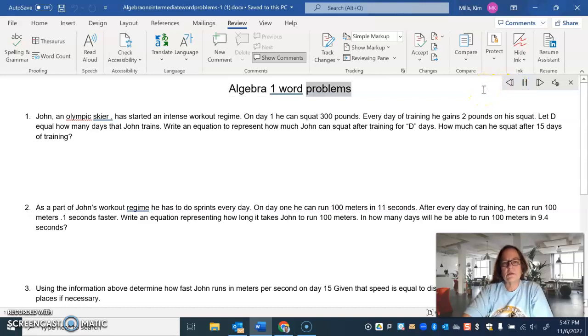Algebra 1 word problems. John, in the limits, has started an intense workout regime.